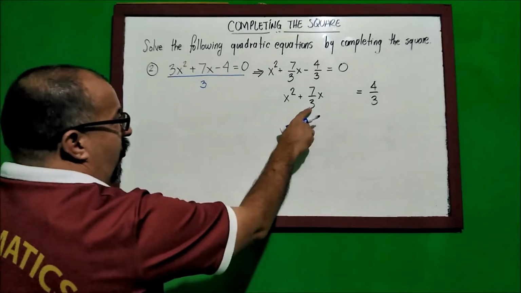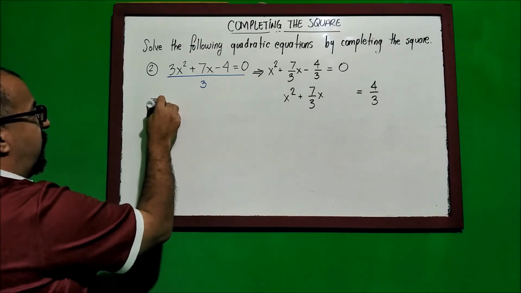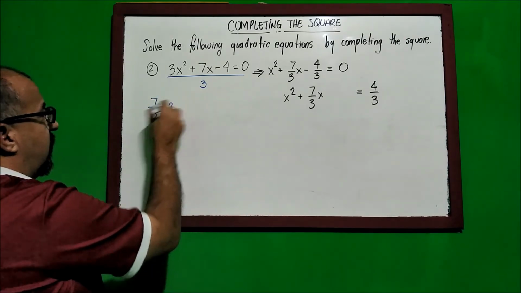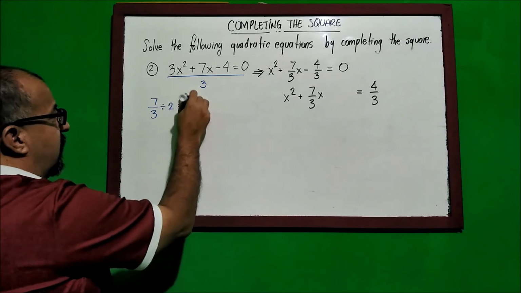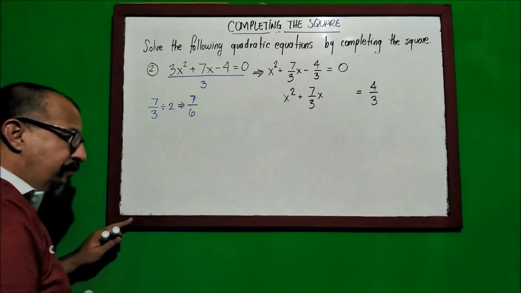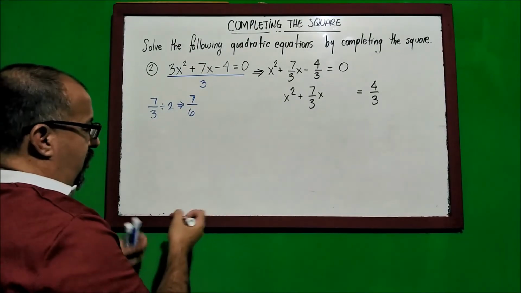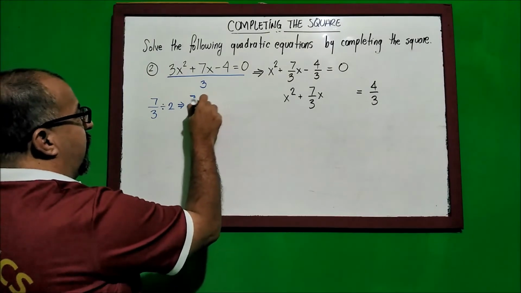Okay, now that we know who is b, we take 7/3 and divide it by 2. This will give me 7/6 if we write it like a fraction. And then this will lead me to the process of completing the square.